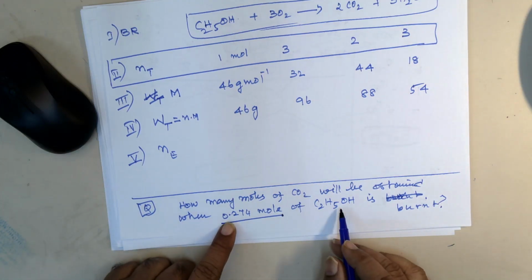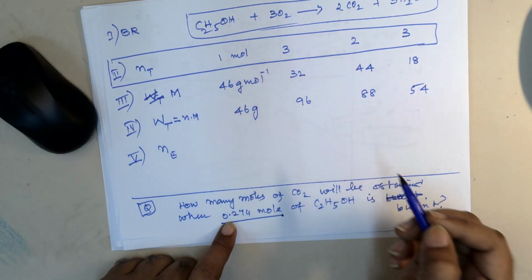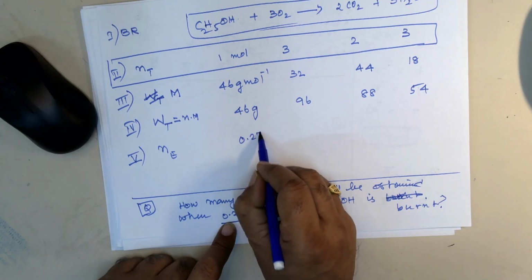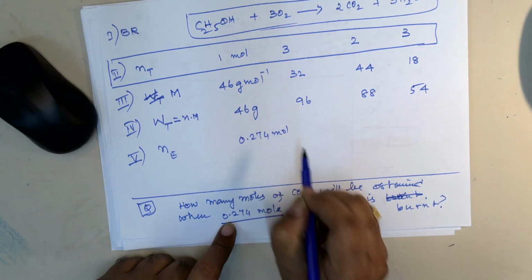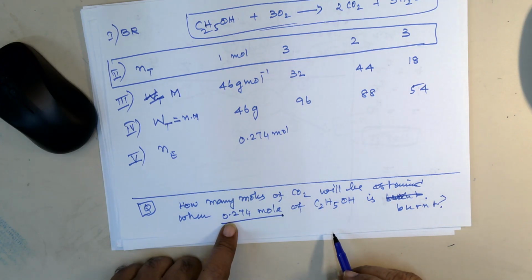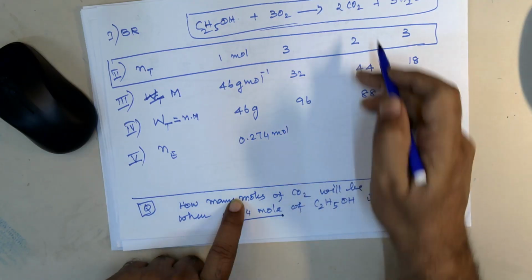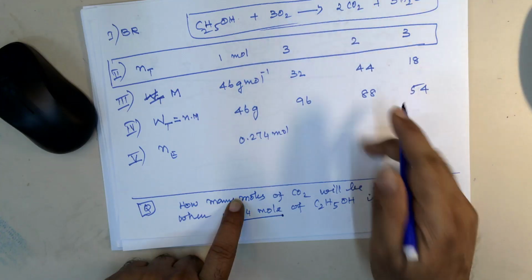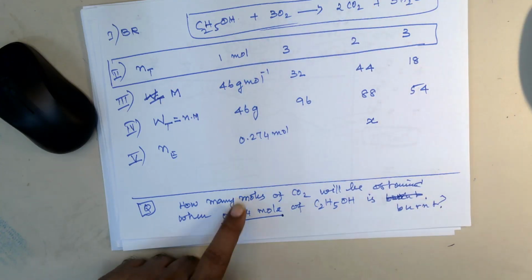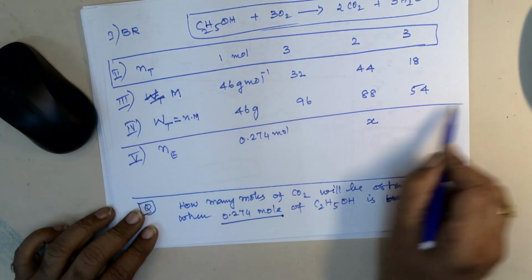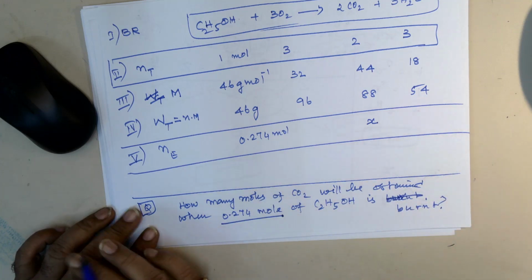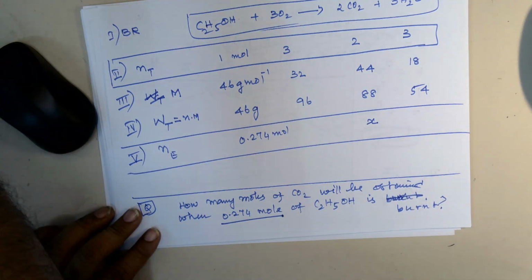How much mole of C2H5OH is given? 0.274 mole. Okay. So when this mole is burned, how many moles of carbon dioxide? They have asked this. So just put X here. Now put a box, right?